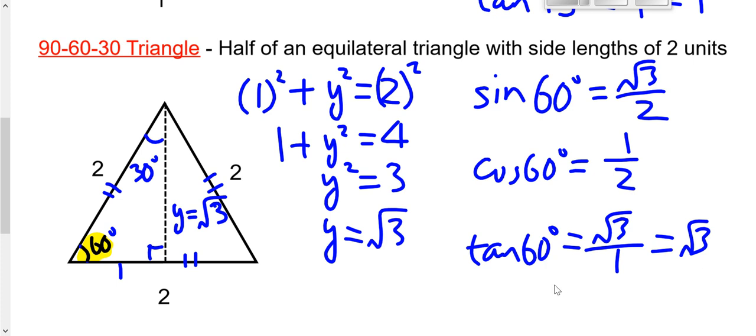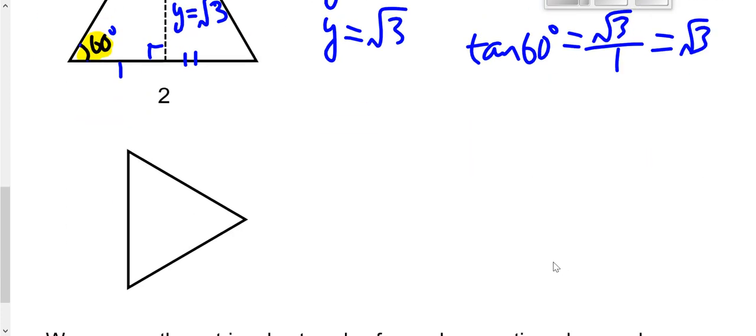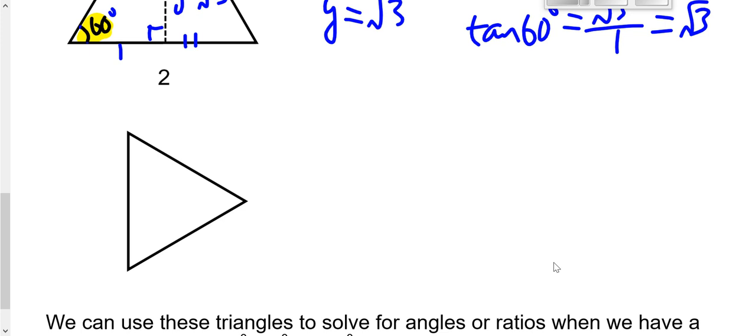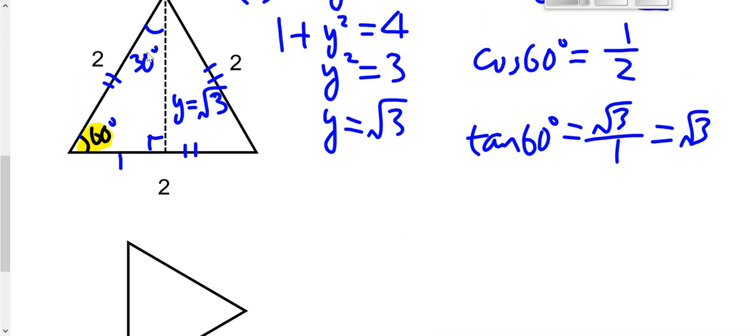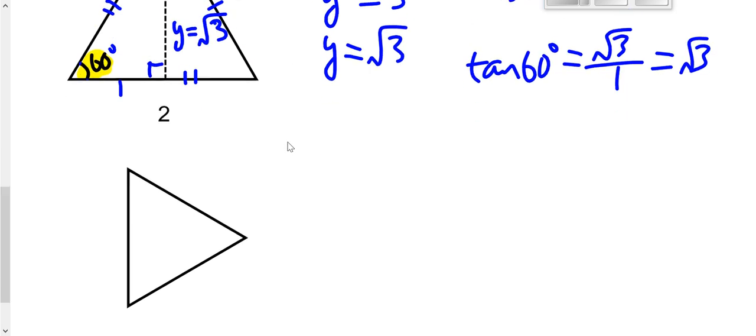Okay, now let's move on to the one below here. We are talking about the same triangle, except this time we are going to use the 30 degrees as the reference angle. If you rotate this 90 degrees clockwise, then we will have something like this.